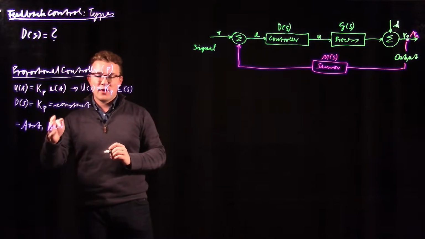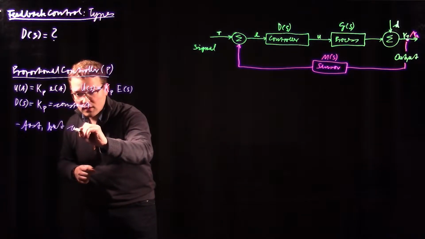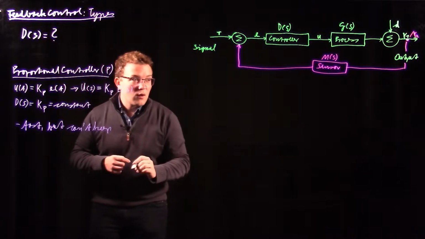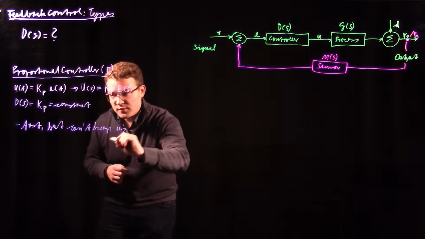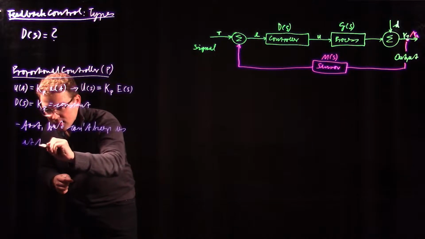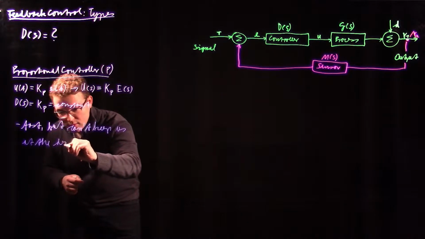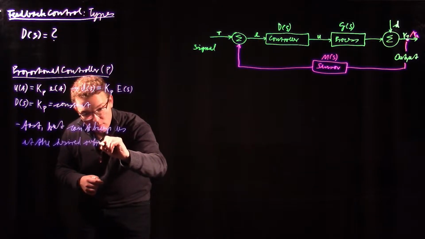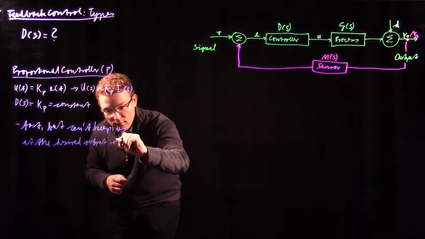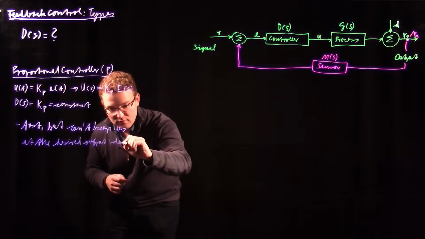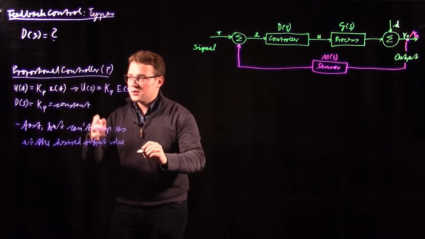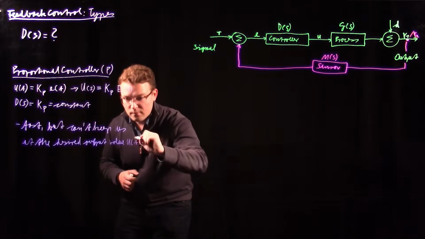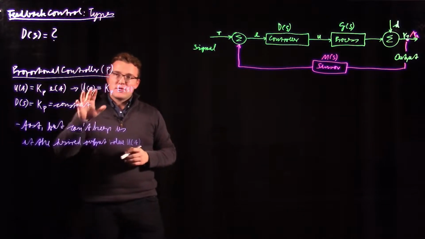So we can note that it is fast, but it cannot keep us at the desired output value u(t). Okay, this is the first type of controller.